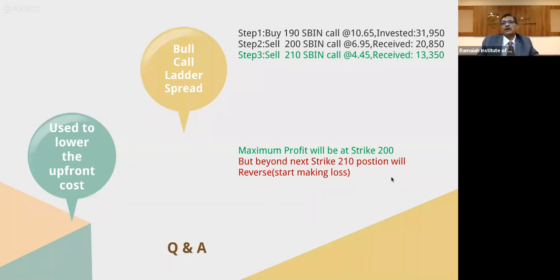My loss is now only 11,000, but this is a ladder. This goes one step further, which says I will sell the next level also, strike price 210, where I get 4.45 and I receive 13,350.